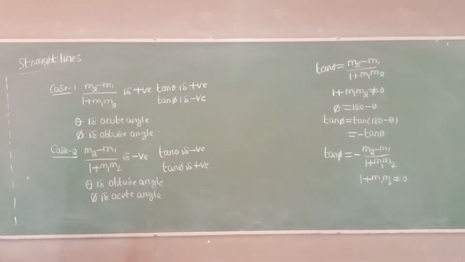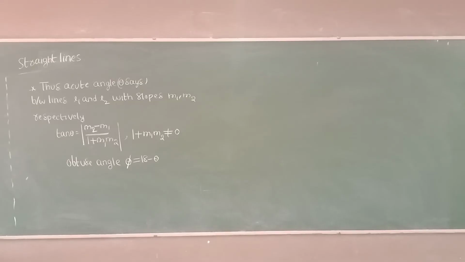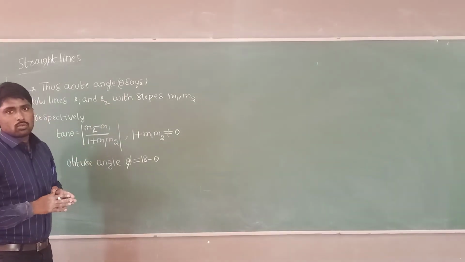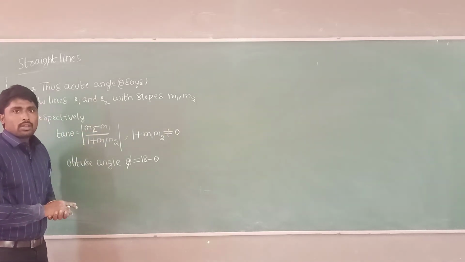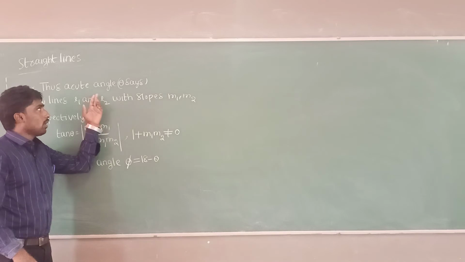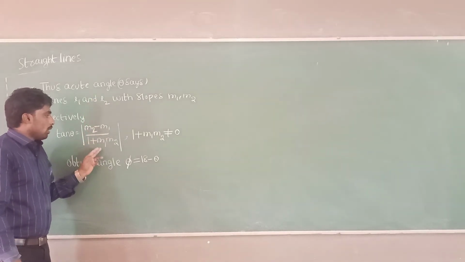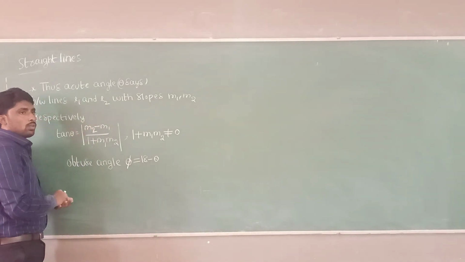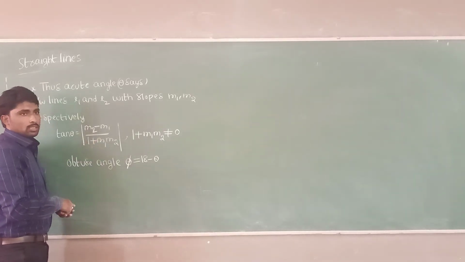Now all of you note down up to here. If theta is an acute angle, then m2 minus m1 by 1 plus m1 m2 can never be negative. So a negative value should be converted into a positive value, which is why I took the modulus.